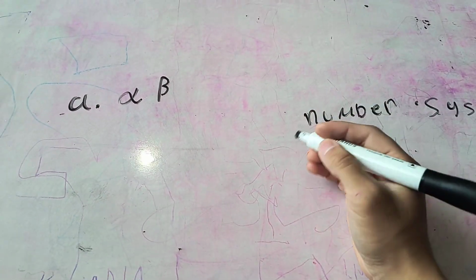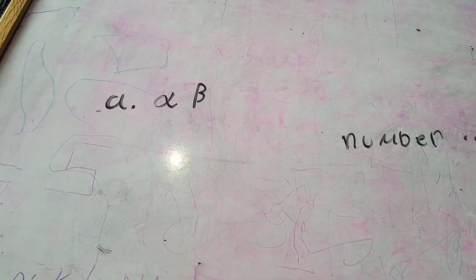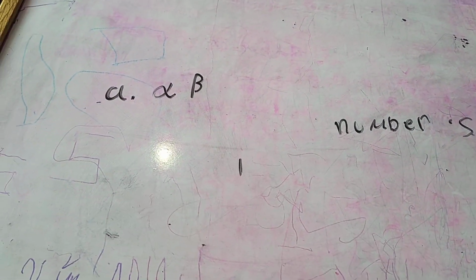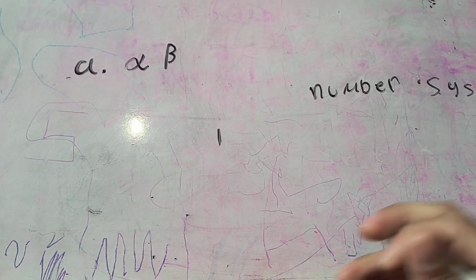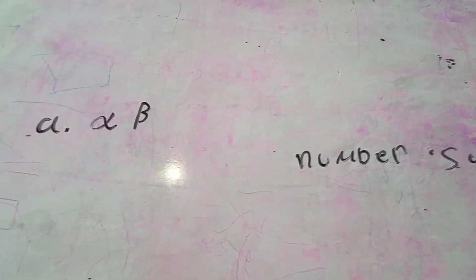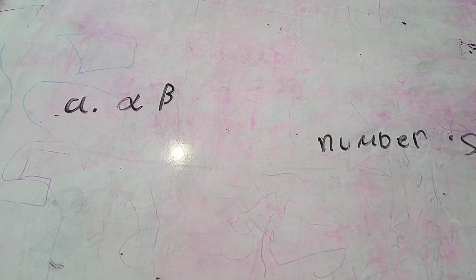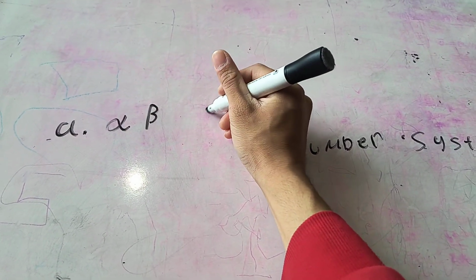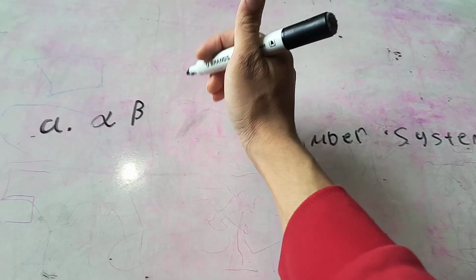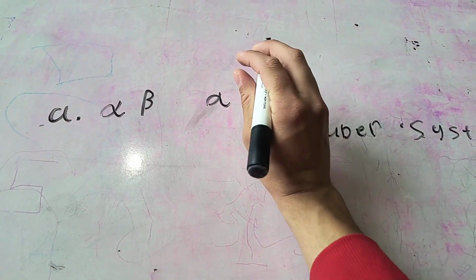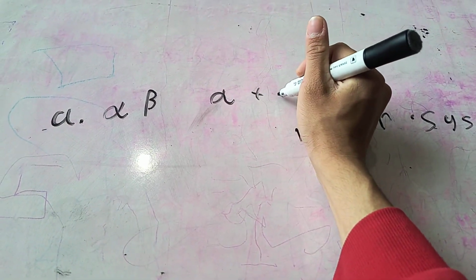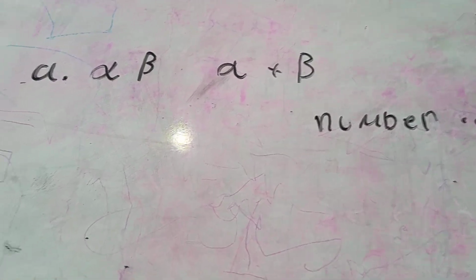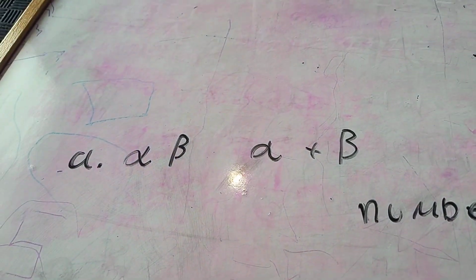For example, if we count from 0 to infinity, 1 would appear once. That would be unique. So there appears a unique number alpha plus beta in K, and that would be the sum of alpha and beta.